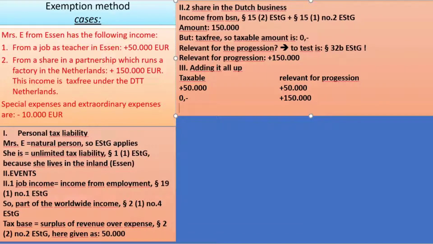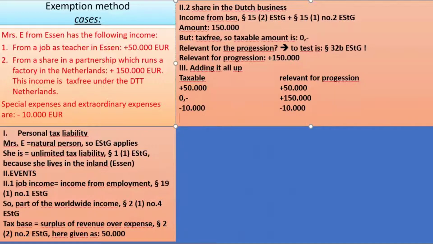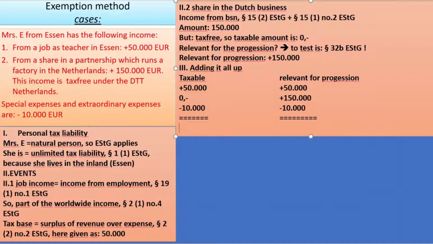Then we have the personal expenses. Naturally, when everything is taxable, these are also existing and deductible. So we have here a taxable income of 40,000 euro to be taxed with the appropriate tax rate for 190,000 euro, because that is relevant for the progression.